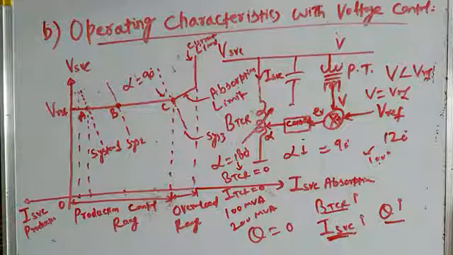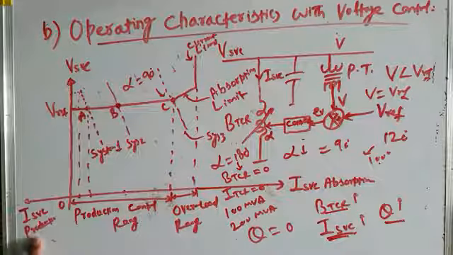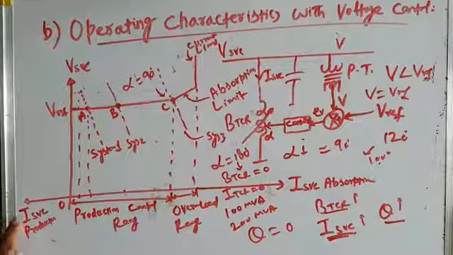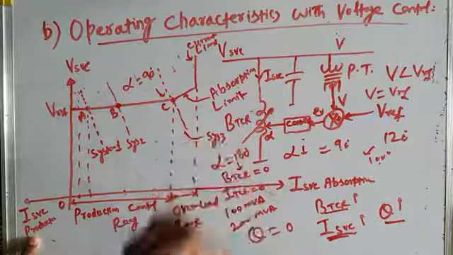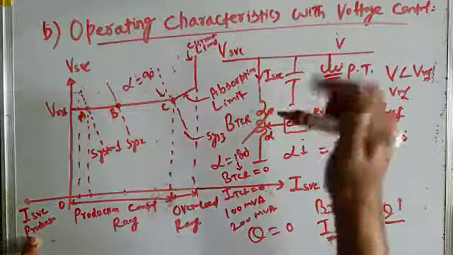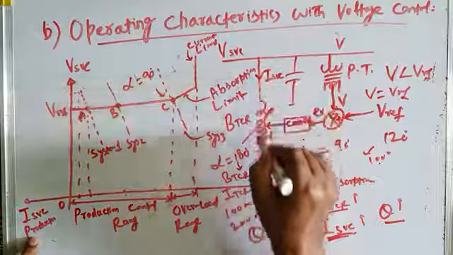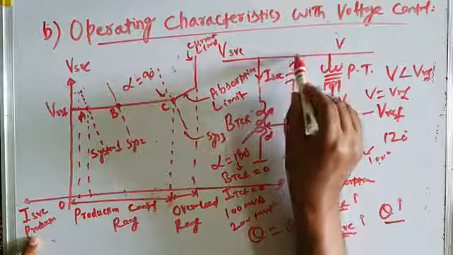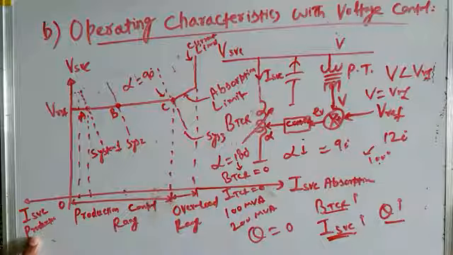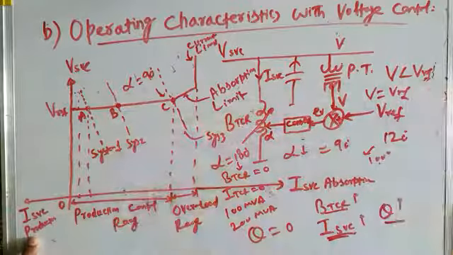Your SVC has to draw negative current. Negative current means instead of absorbing reactive power, it has to generate reactive power, which cannot be done by the TCR. It will be done by the TSC or capacitor bank, which injects it into the transmission bus and makes V equal to Vref.